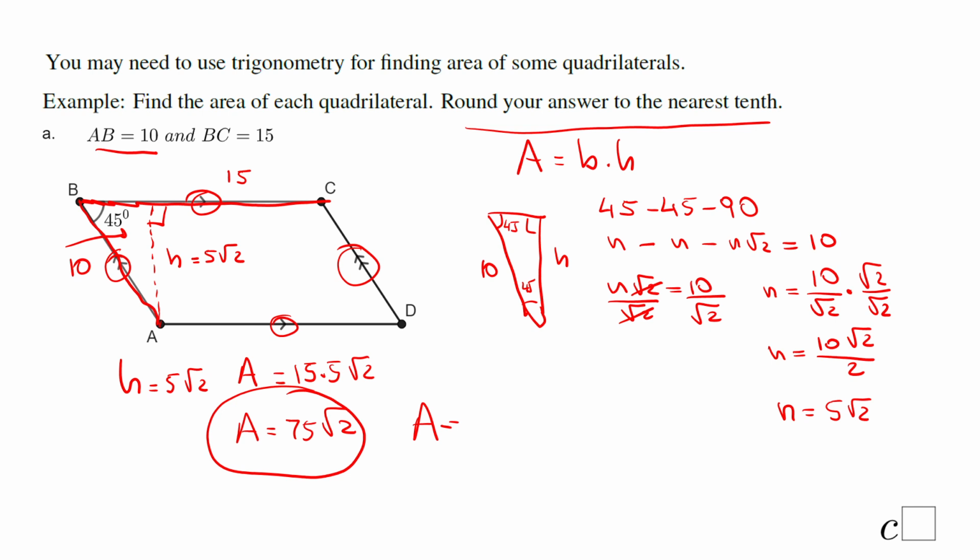So square root of 2, 1.4 times 75. That's probably the best way to do it. One more time. 75 times 1.4142.